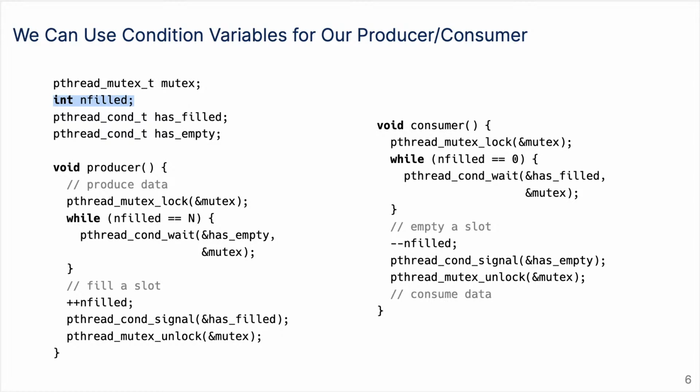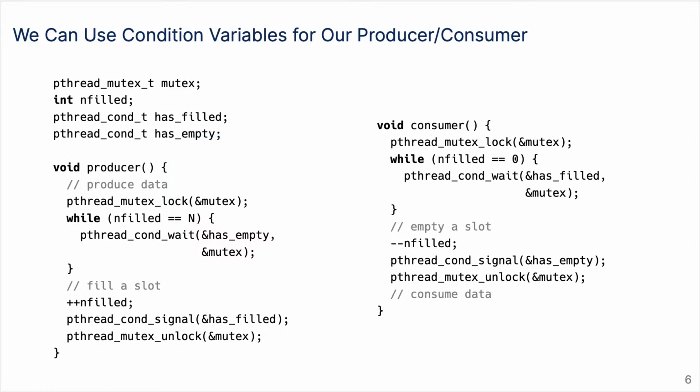Then I will create a mutex that I'm going to pair with it because I'll be modifying the number of filled slots, so I need to be sure I don't have any data races. So I'm going to do all of that while I have a mutex locked. Then I essentially could create two queues: a queue that is waiting for something to have a filled slot, and a queue that is waiting for something to have an empty slot.